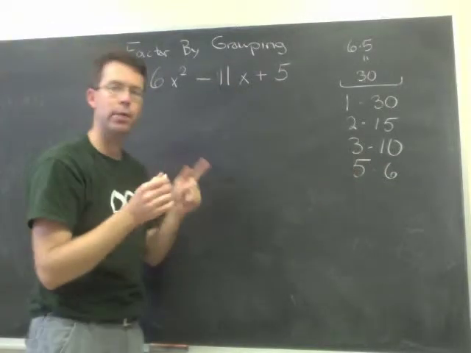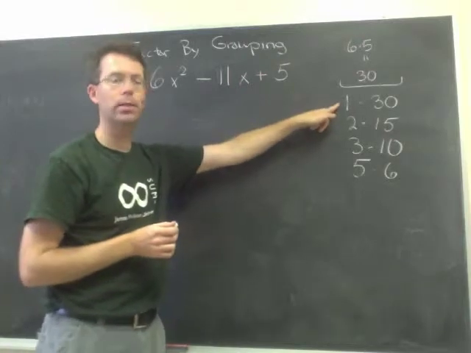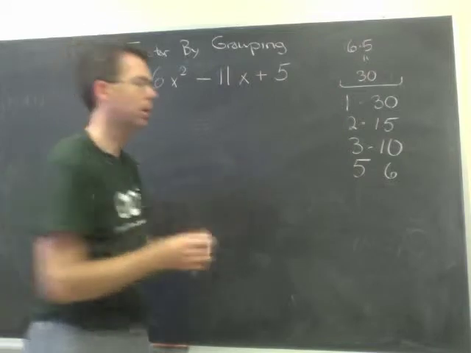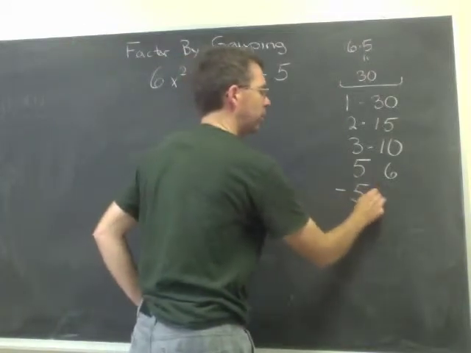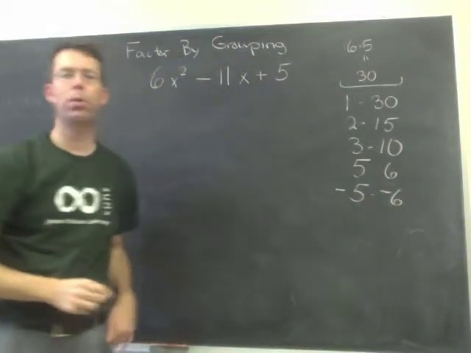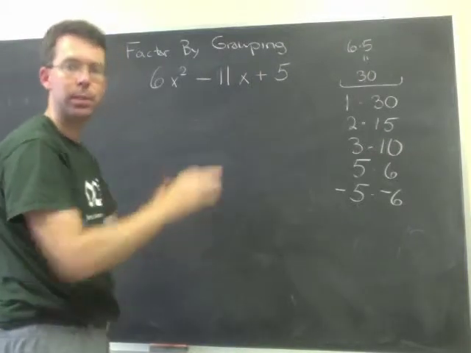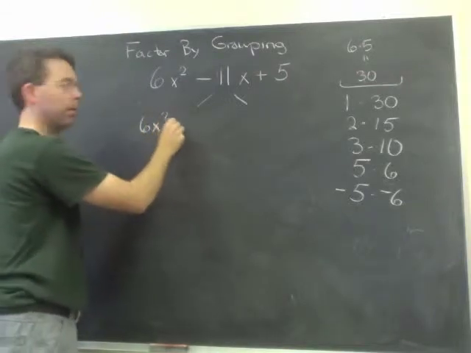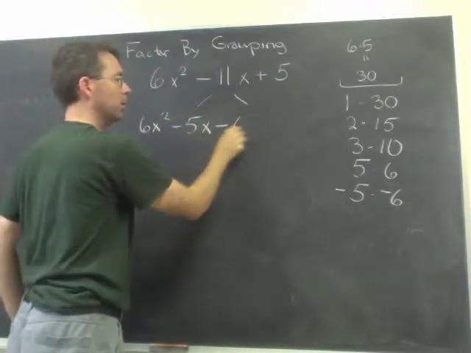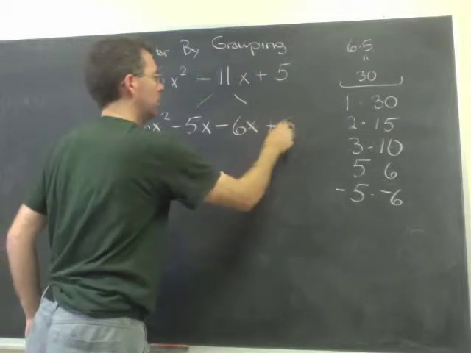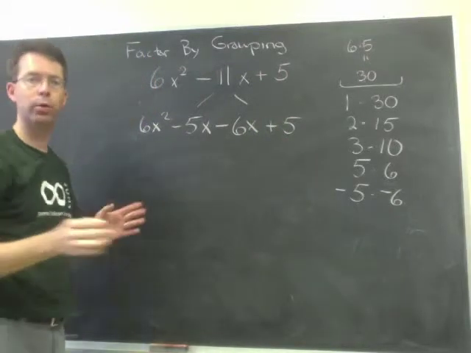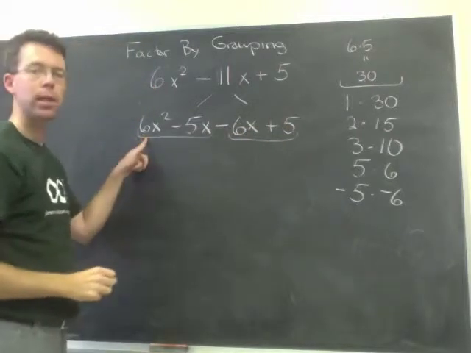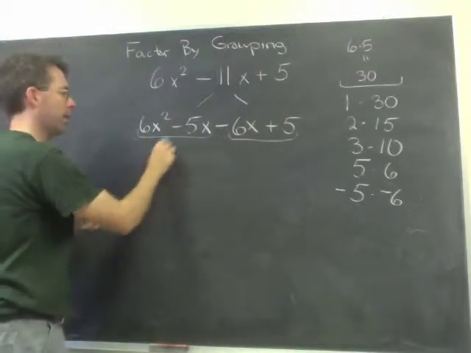So what I need to remember is whenever I have a positive value like 30, that not only do I have the factors that are all positive, I have the same factors that are both negative. So my negative 11x splits into two terms, both of which are negative. 6x squared minus 5x minus 6x plus 5. And now I can do my grouping. 6x squared minus 5x has a common factor of x.